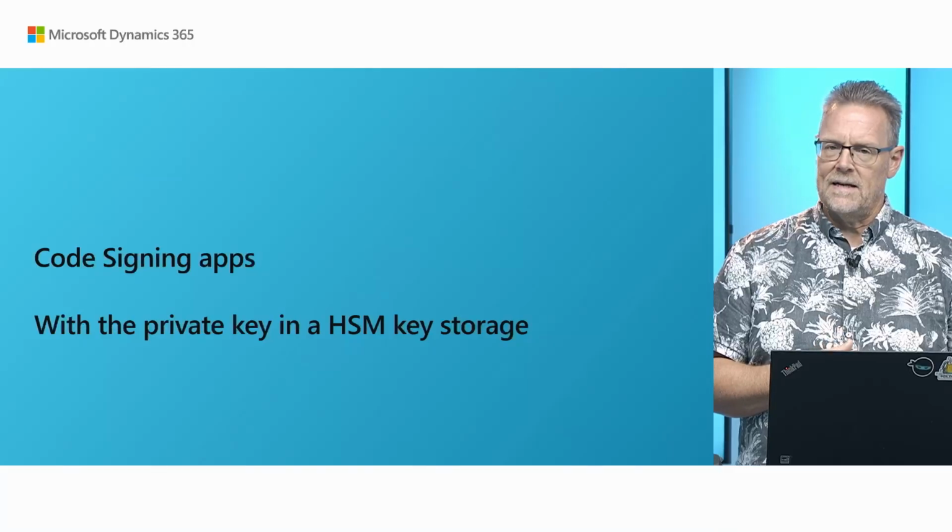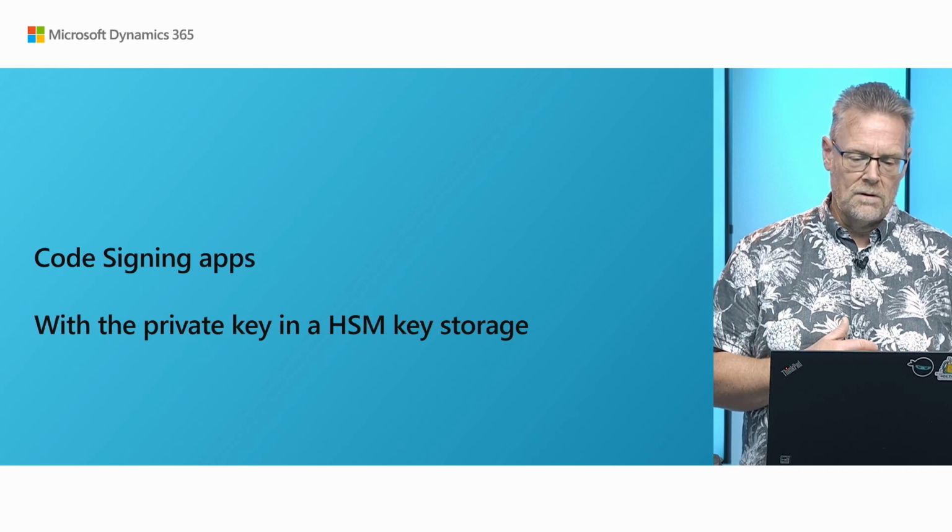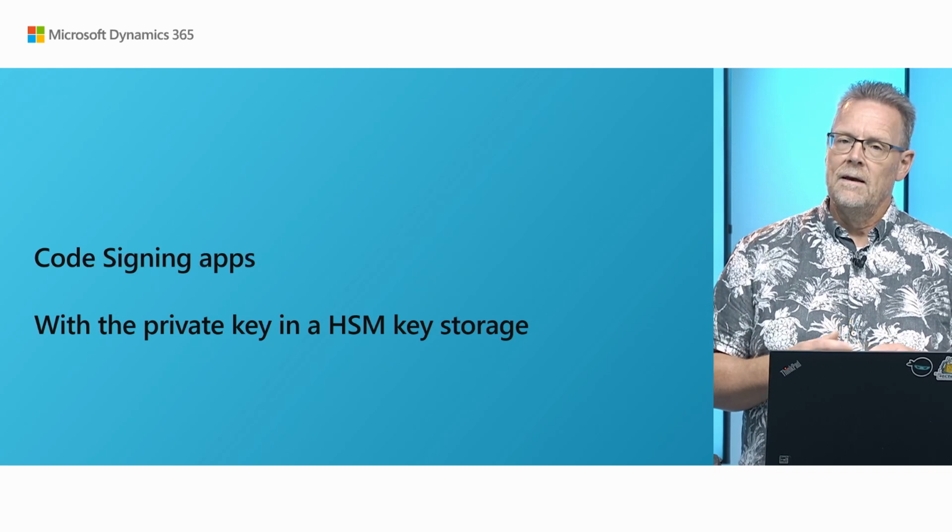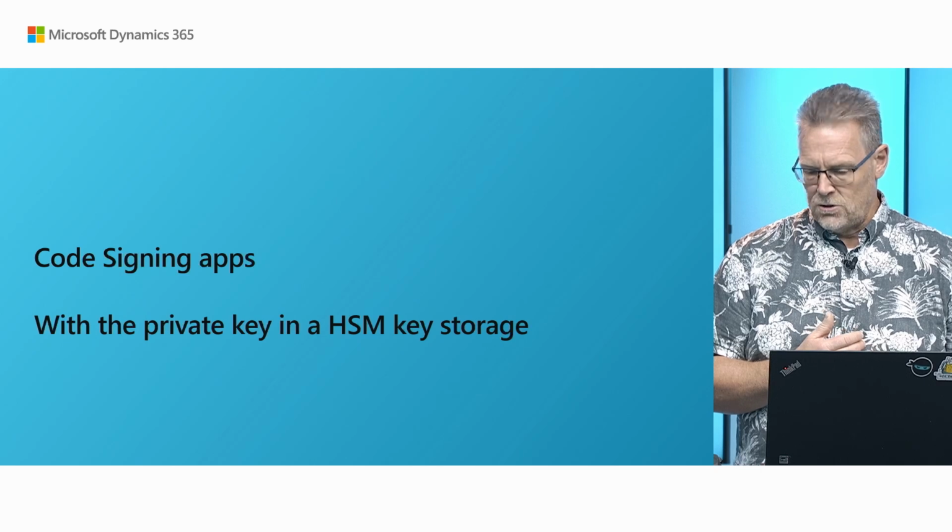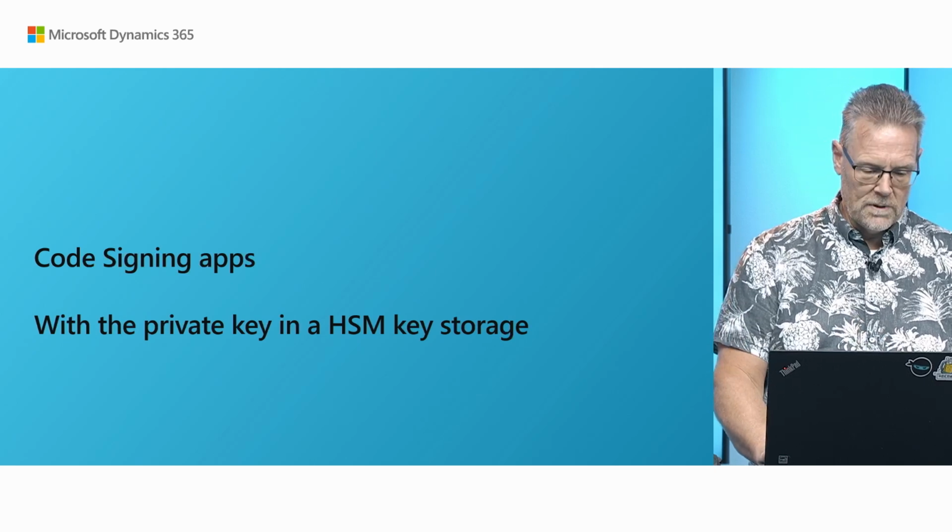Now about the new things, like code signing. A lot of questions we've had lately is, does ALGO for GitHub support code signing with the private key in an HSM key storage? And yes, we do.